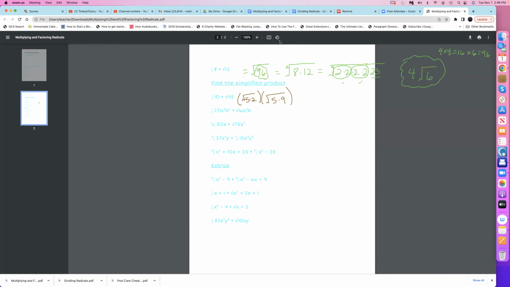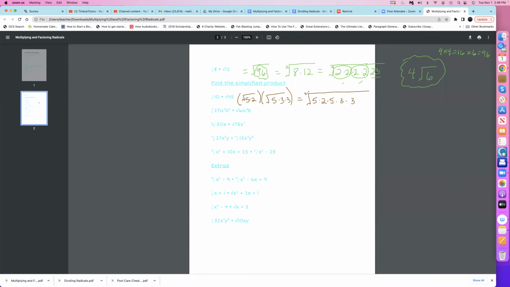And instead of 9, I can write 3 times 3. And when I multiply those together, you get a long square root with all of the things inside: 5 times 2 times 5 times 3 times 3.